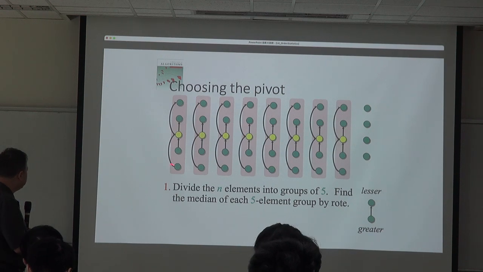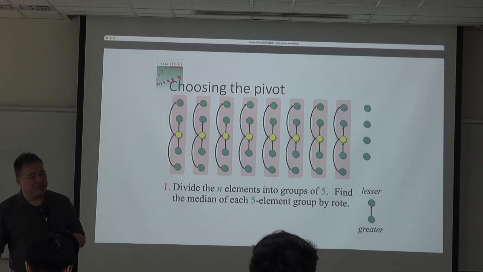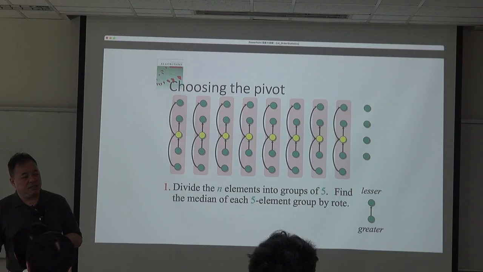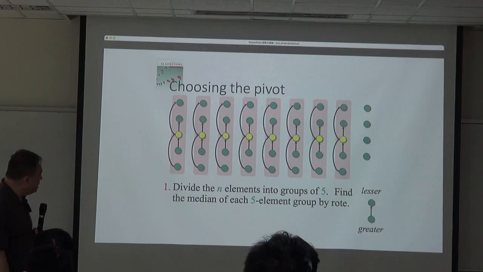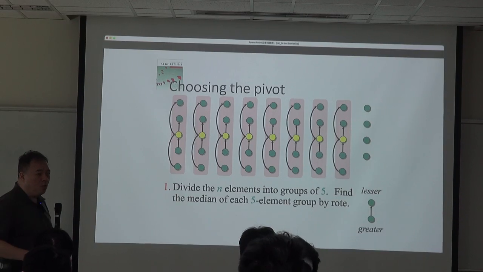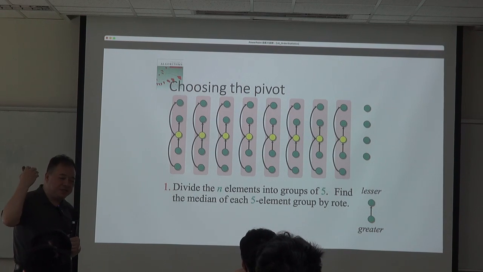But anyway, now you have these yellow elements, and each of these yellow elements is the median of its respective group, right? Then we want to find the median of these medians.